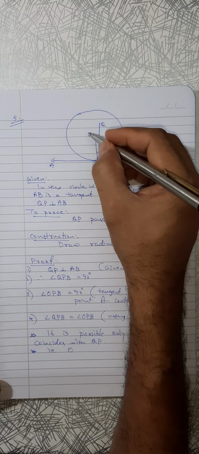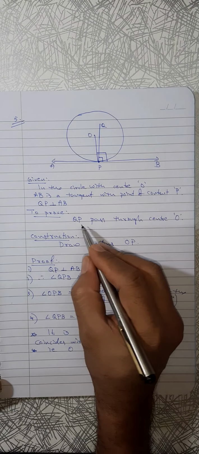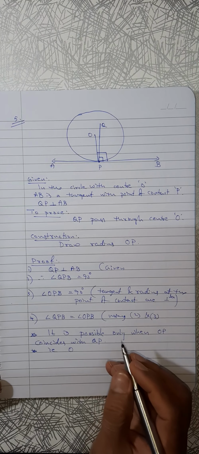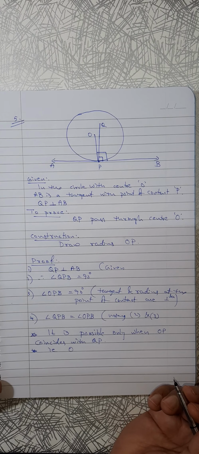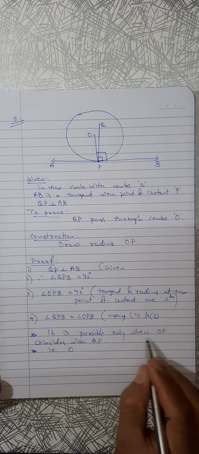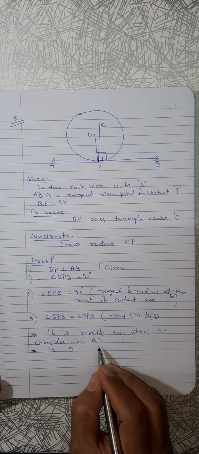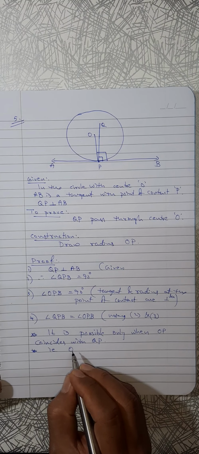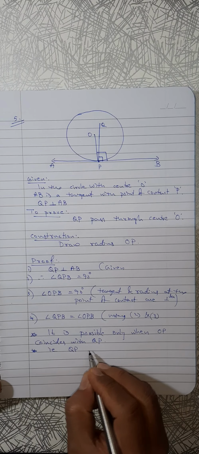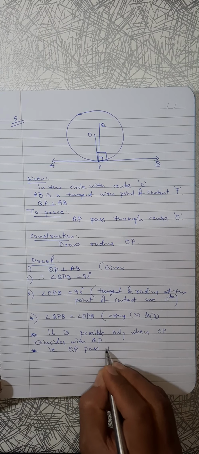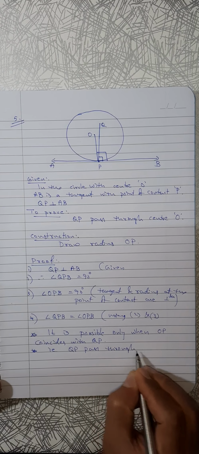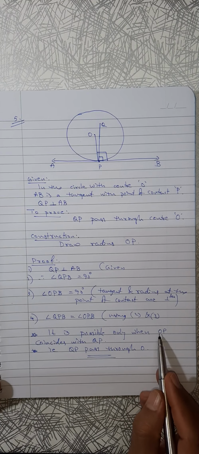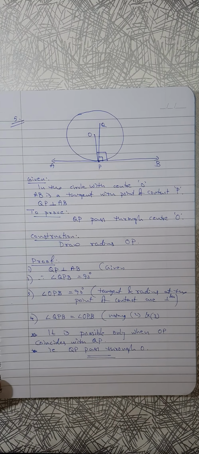This line and this line are coinciding. It is possible only when OP coincides with QP, that is, QP passes through O. Because these two lines OP and QP cannot be separate lines.